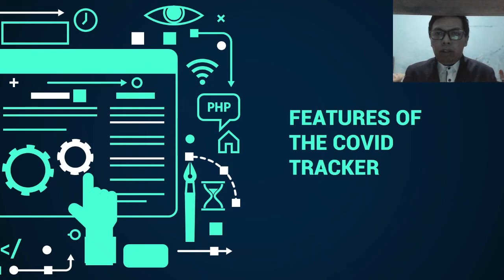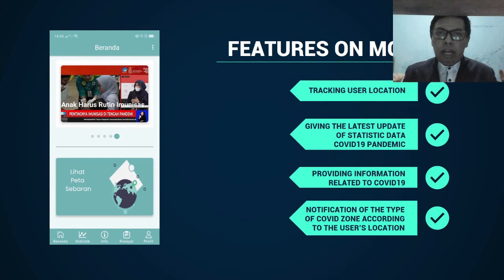Next, we're going to talk about the features of the COVID Tracker application. First, in the mobile app, the main features are tracking user location, giving the latest update of statistic data of the COVID-19 pandemic, and providing information related to COVID-19, including hospital information and basic information of COVID-19: what COVID-19 is, how to avoid it, and how to fight it.